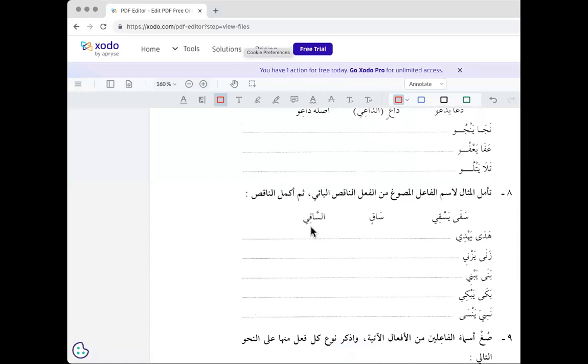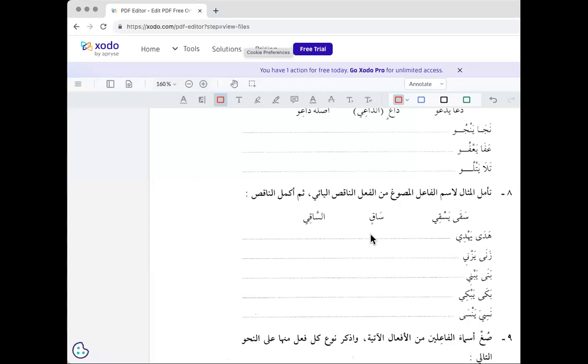Sakin as-saqi. Hada yahdi. Hadin. Al-Hadi. Barakallahu feek. Zana yazni.